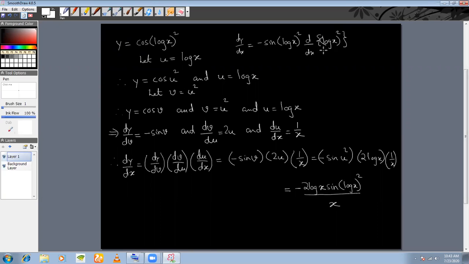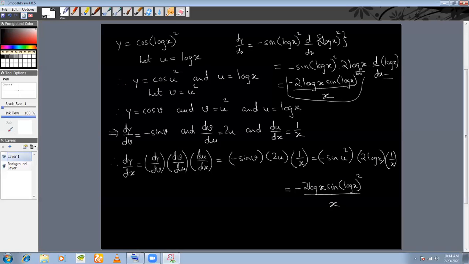Then d/dx of log x square would be, first we'll differentiate the power to get twice log x into d/dx of log x. So we'll simply get minus 2 log x sin of log x square, and d/dx of log x is 1 by x. So we are getting the same answer.